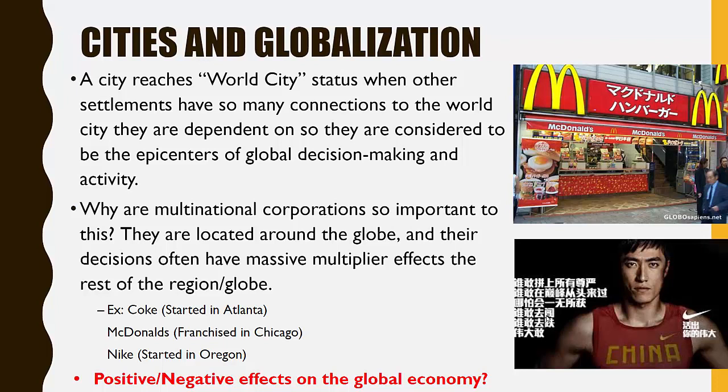And so their influence in terms of their advertising and the decisions they make immediately happen in almost every country instantaneously. Nike, another great example, started in Oregon, right, and has become a global dominant power. These corporations have major influences over politicians, right, and they have major influences over one another. And so that's why corporations are so important to urbanization, globalization, and popular culture.